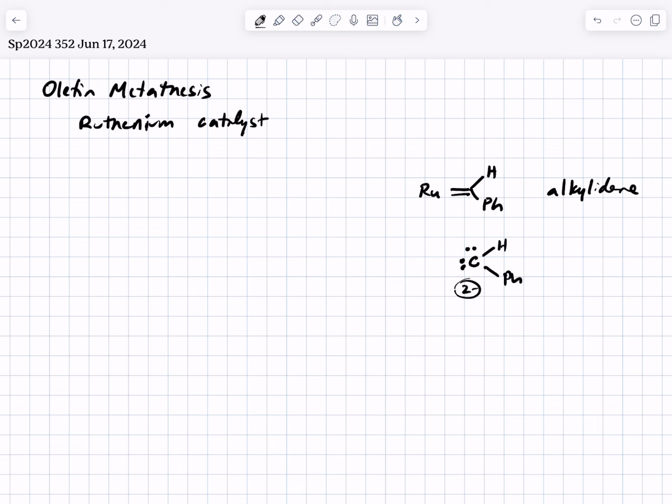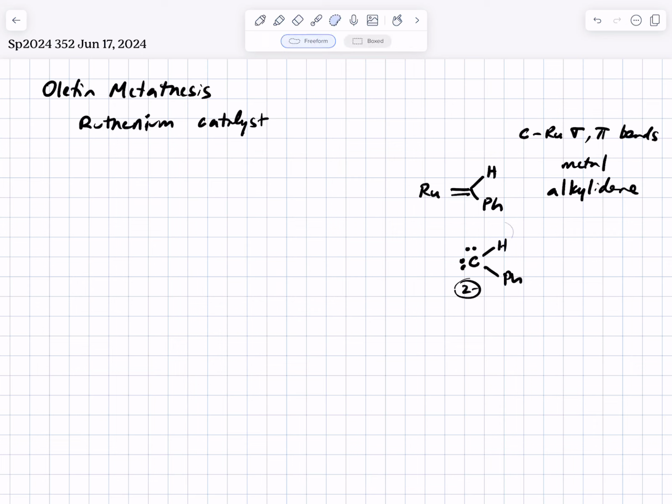So that would be carbon 2 minus. So it's sort of an X-type ligand, but it's doubly negatively charged. But you can think of this as having both carbon-ruthenium sigma and pi bonds. So this is a metal alkylidene.